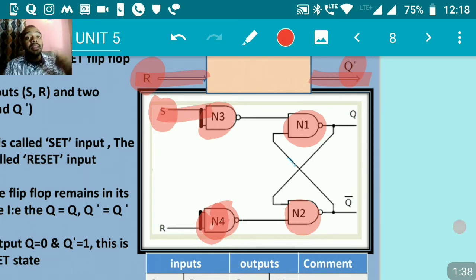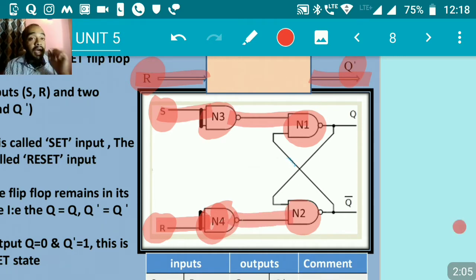Both the inputs of that NAND gate are connected to the same input, which is the set input. Similarly, R is the input given to NAND gate 4. Both inputs of NAND gate 4 are connected to R, the reset input.